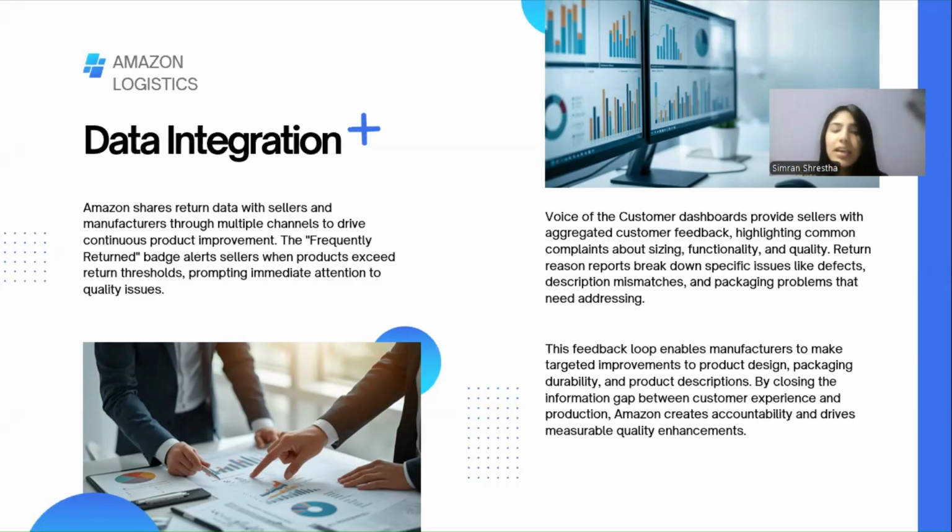These reports break down the exact cause of the returns, allowing both manufacturers and sellers to identify the specific design flaws, quality issues, or mismatch between product description and actual product performance. This creates a continuous feedback loop where manufacturers can improve product design, packaging, and listing accuracy. As a result, future returns can be reduced and overall product quality can be enhanced.